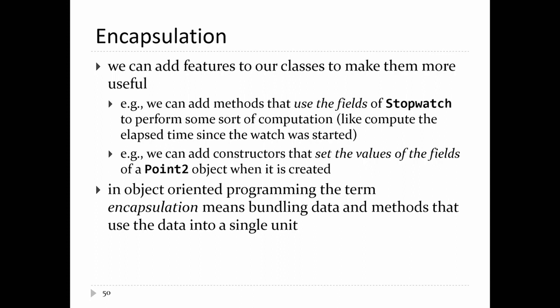It would be nice if I could use a point2 object to represent a point and move it around or something like that. It would be nice if I could use a stopwatch to tell me how much time has elapsed since I pressed start. To add features to the class, we want to add constructors and methods to the class. So this term encapsulation in object-oriented programming means the bundling of data, so fields, and methods that use the data and turn it into a single cohesive unit.